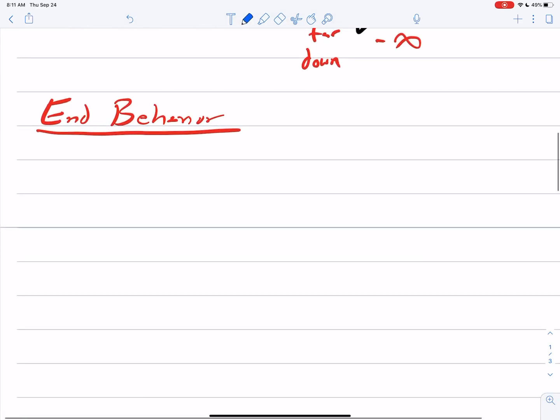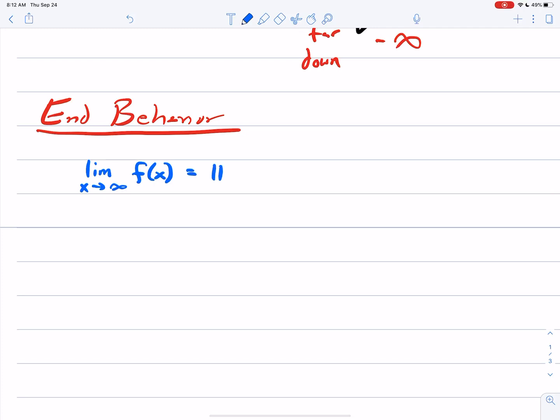In a single line, you should write it like this: that's LIM, and notice how I left a little bit of space below it, because I'm leaving room for this right here. Notice how f of x is a lot larger. It takes up the whole space of the line. Go ahead and write it again, but now this is going to be negative infinity.